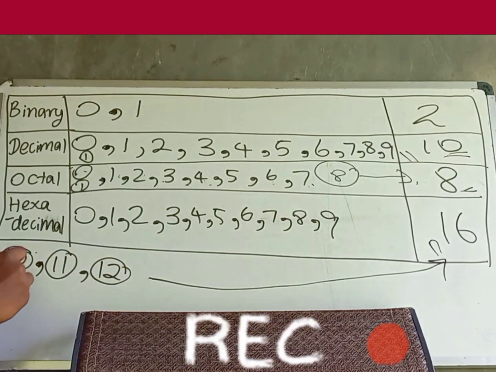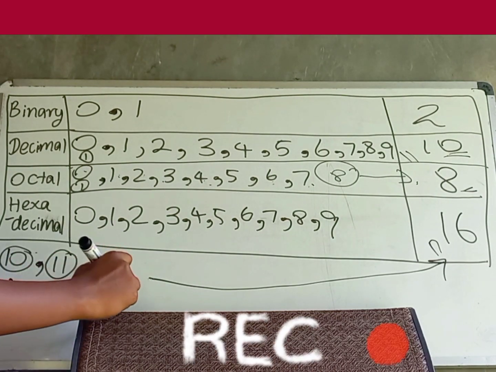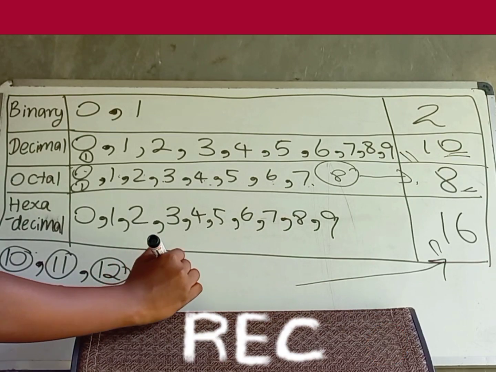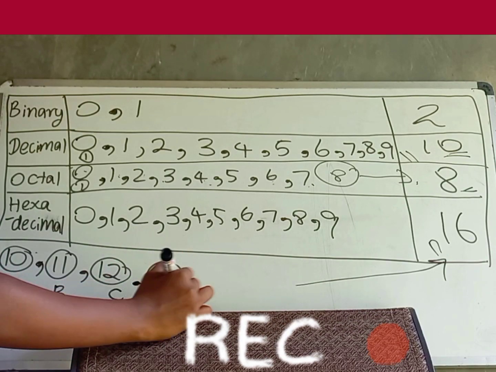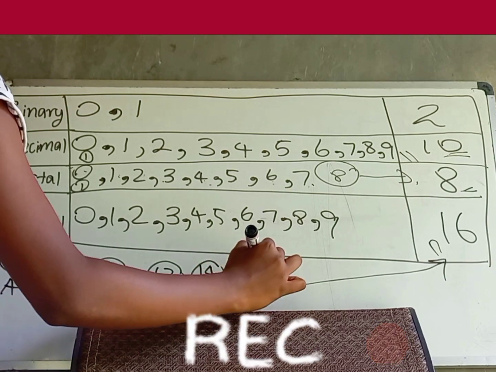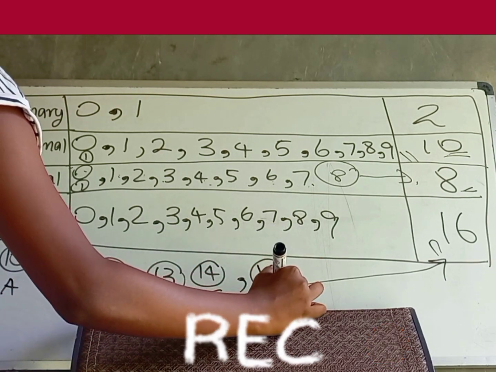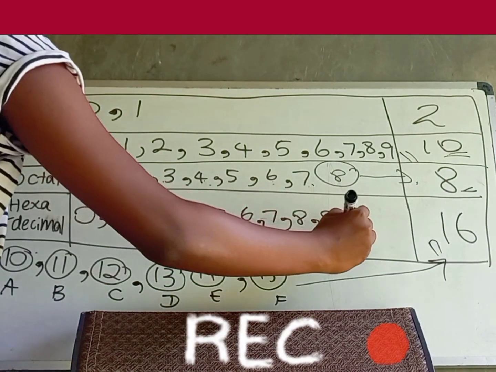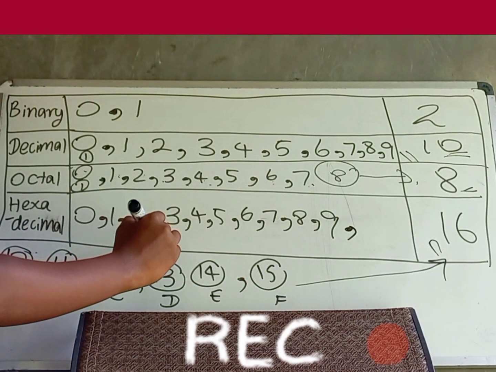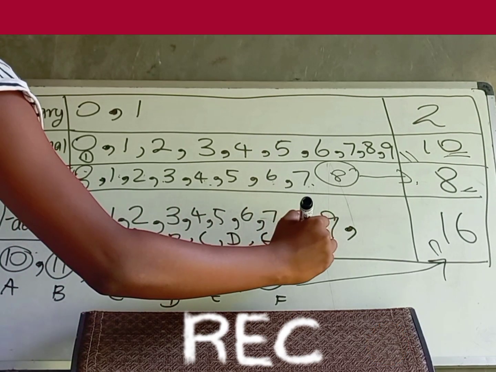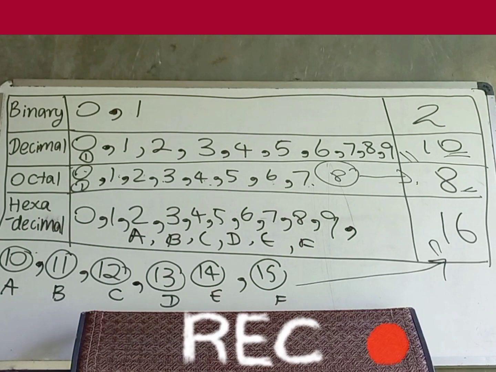So we use the characters A, B, C, D, E, and F for the numbers with 2 digits. So we can say A, B, C, D, E, and F are the rest of this hexadecimal number system.